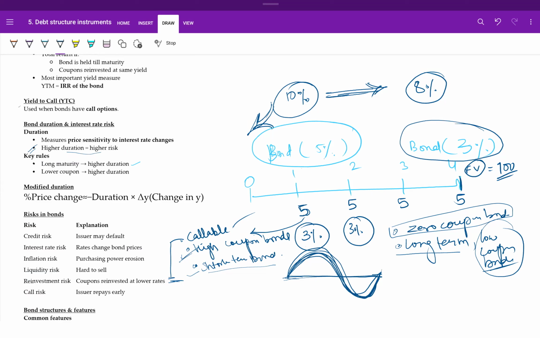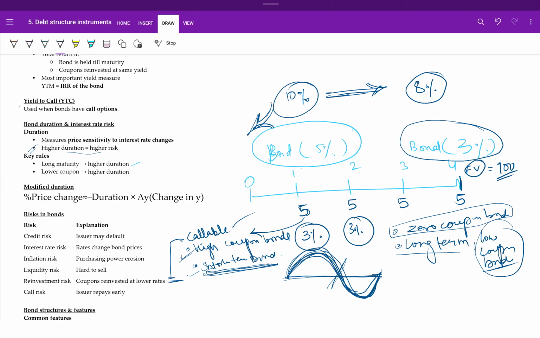So short-term bonds are sensitive to those cycles. Your bond matures right before the market starts to fall. So it's a good thing because the interest rates are going to be high.